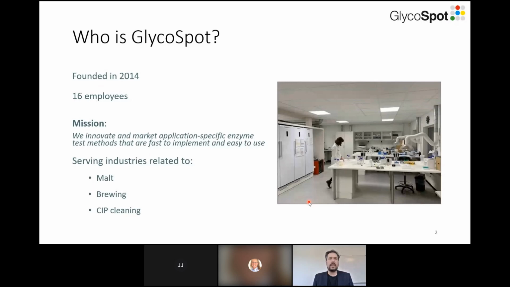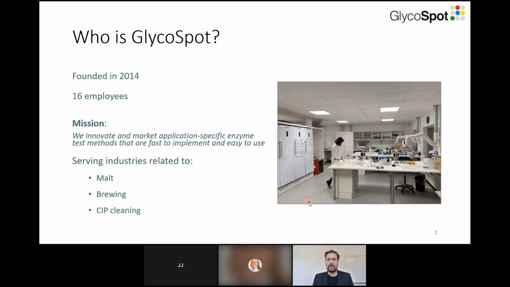We innovate and bring to market application-specific enzyme test methods that are fast to implement and easy to use. A key point of what we strive to do at GlycoSpot is to make simple methods that are fast to perform, in a matter of minutes, and easy to implement into your existing processes.